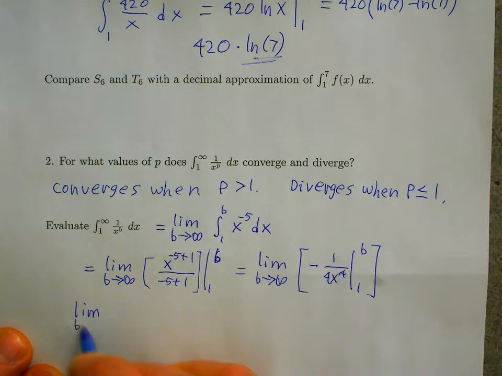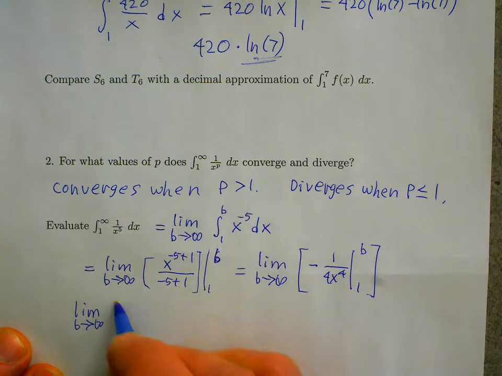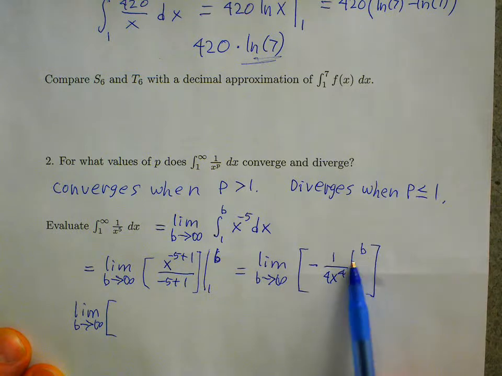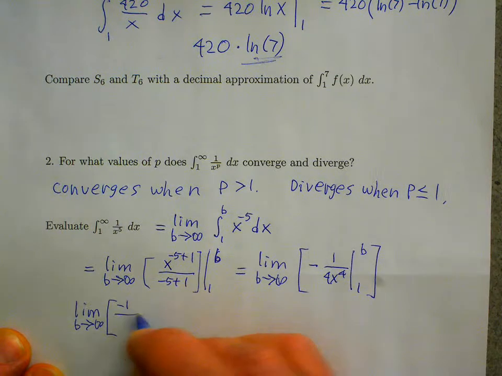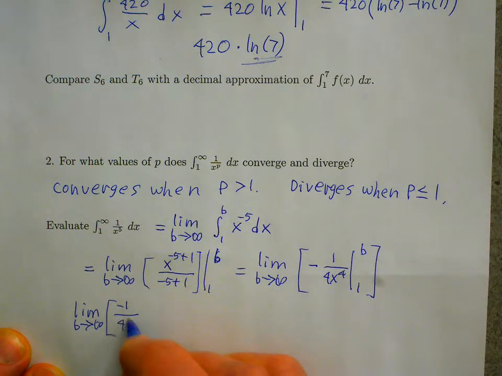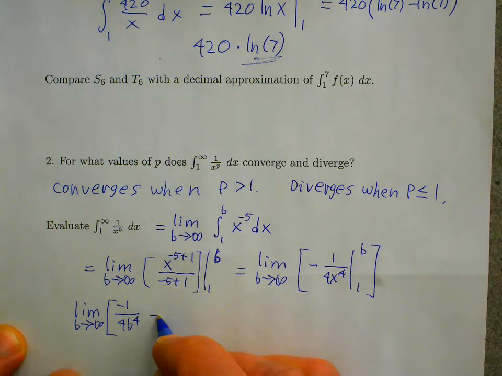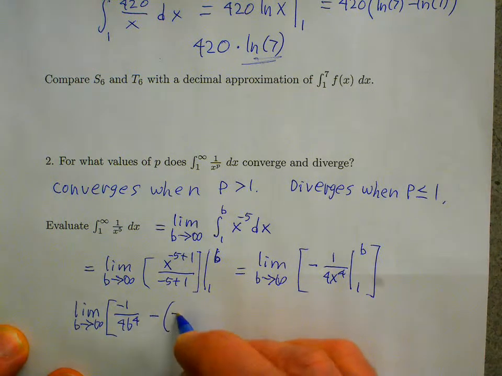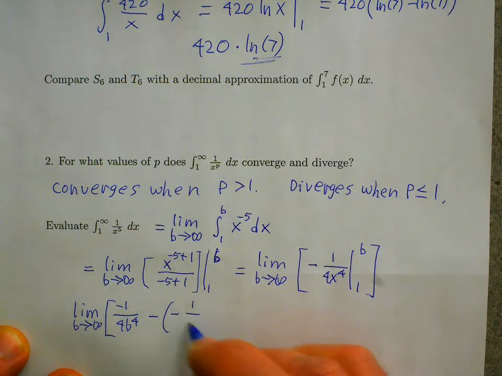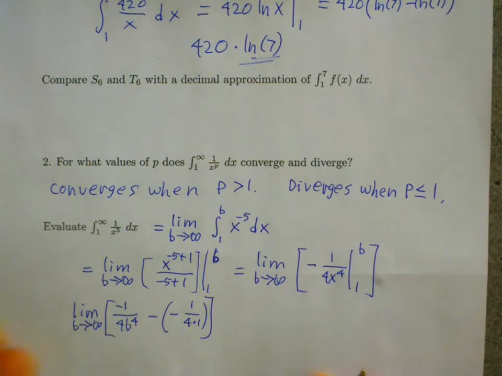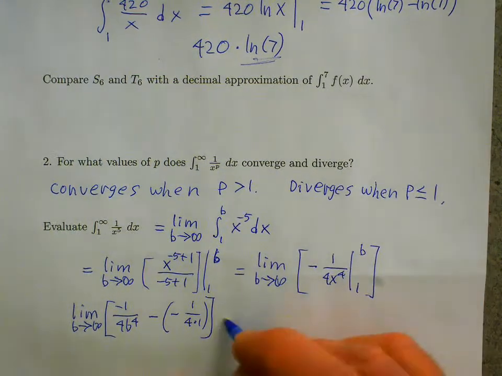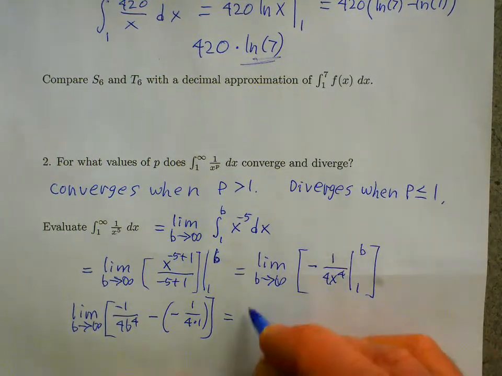So the limit as b approaches infinity. So we get negative 1 over 4b to the 4th. And then we're subtracting the negative of 1 over 4 times 1. So just a couple more steps.